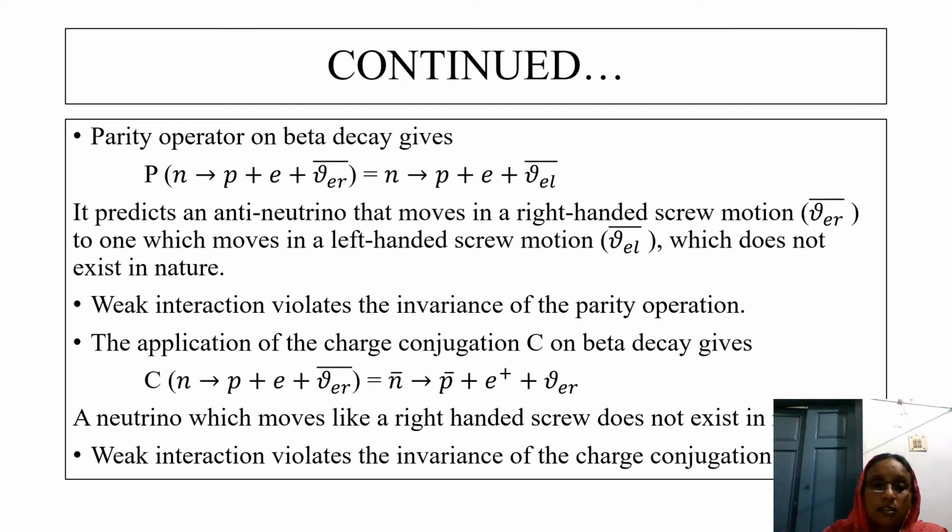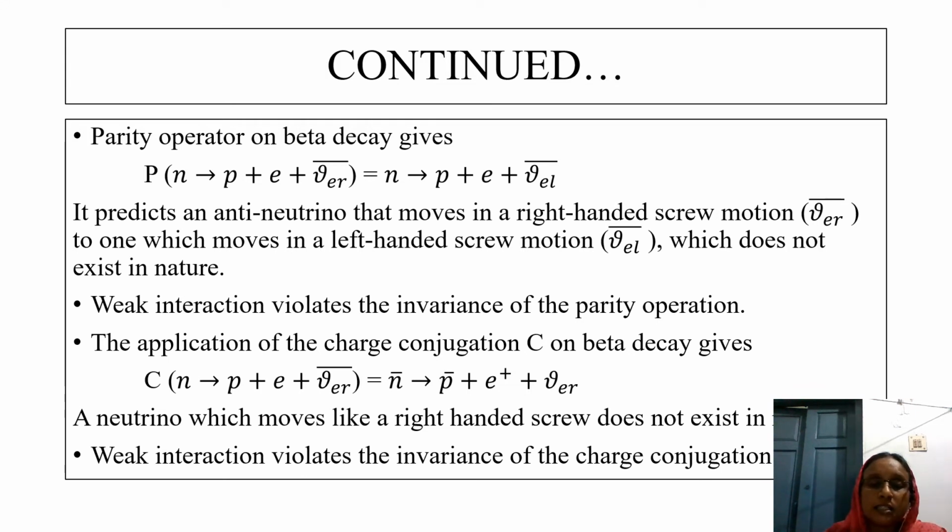But here, the anti-neutrino is right-handed. That means it moves just like a right-handed screw. So, when you take the mirror reflection or the parity operator, the movement of the screw changes just like a left-handed one. So, here you get an electron anti-neutrino, but it moves just like a left-handed screw.